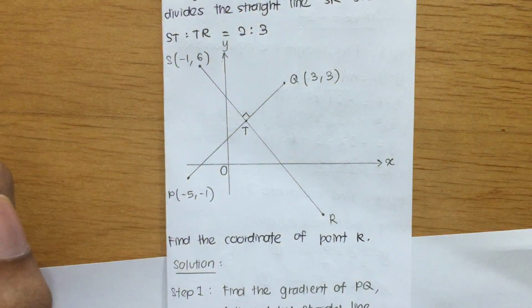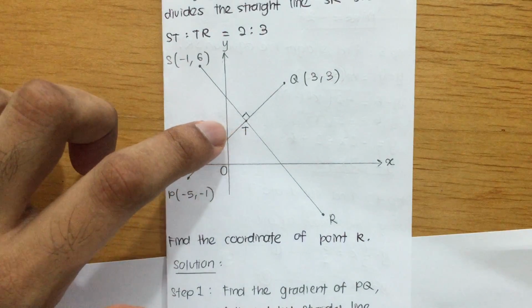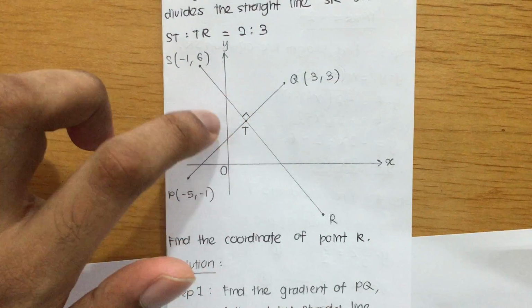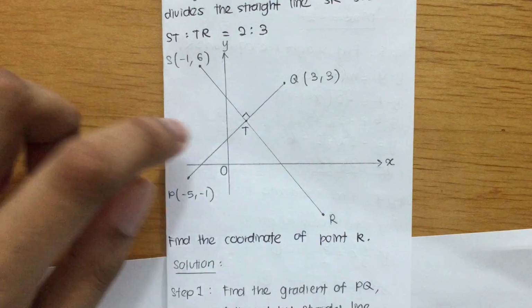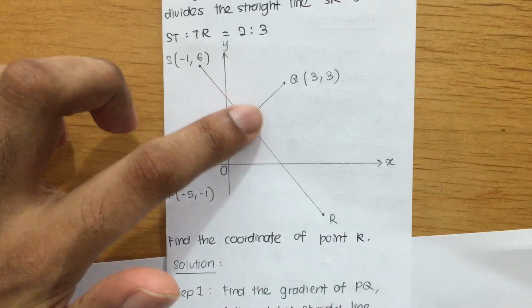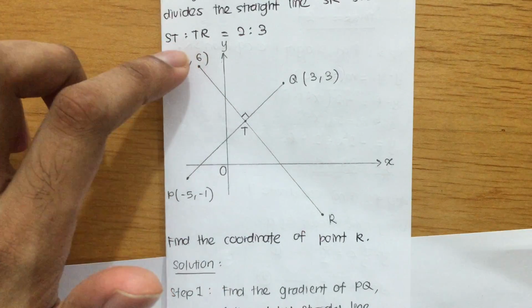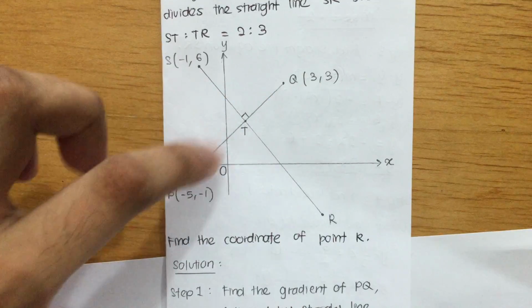So guess what will be our next step guys? Yes, you are correct again. We are going to form a simultaneous equation and find the coordinate T over here. You can sense a pattern over here guys. You have already got the equation of SR and the equation of PQ.